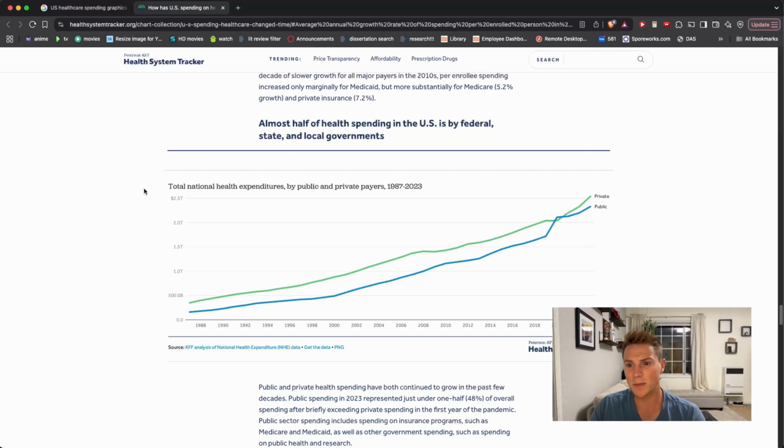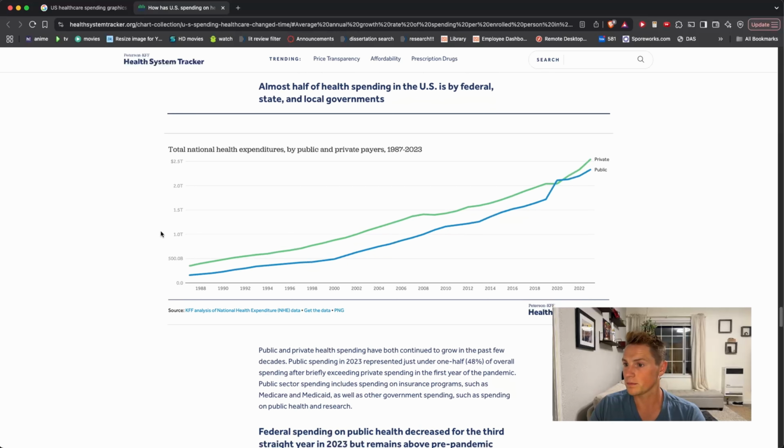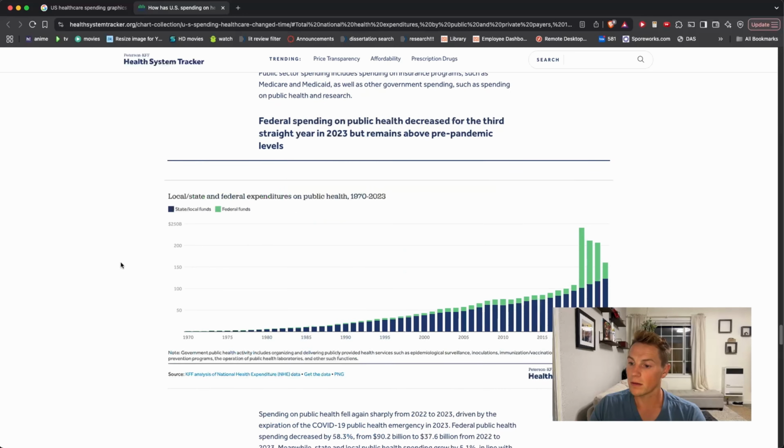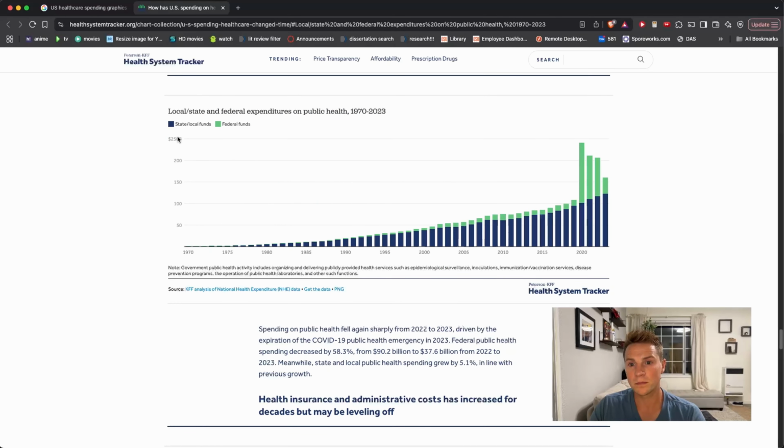Total national health expenditures by public and private payers. During COVID, public payers went up, and it looks like it never quite separated as much as it used to be, but the private expenditures pay more. Local, state, and federal expenditure on public health.